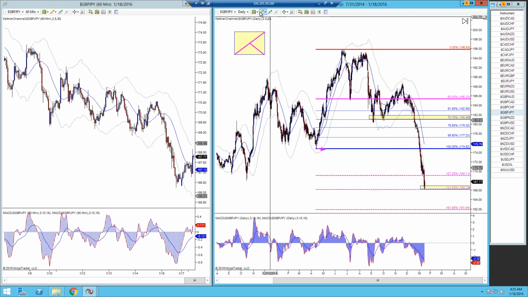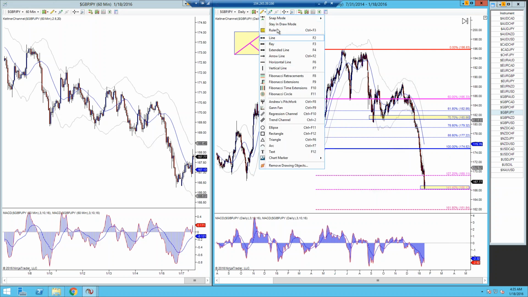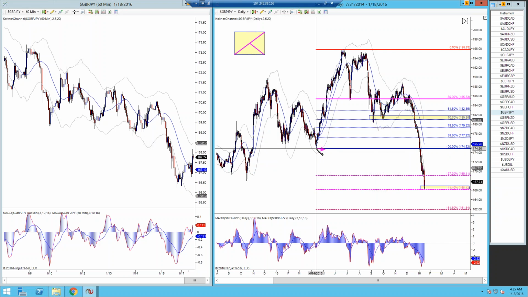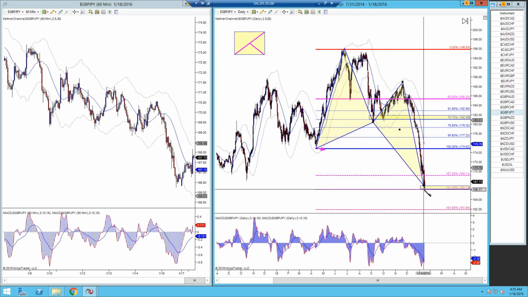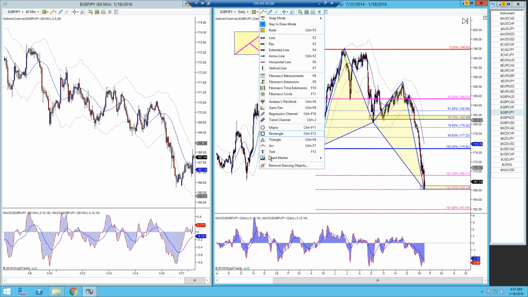So if we're looking at this in terms of harmonics, X, A, B, C, D. Okay, guys?